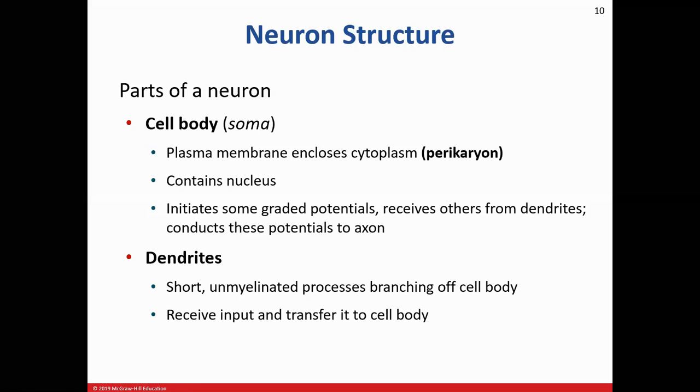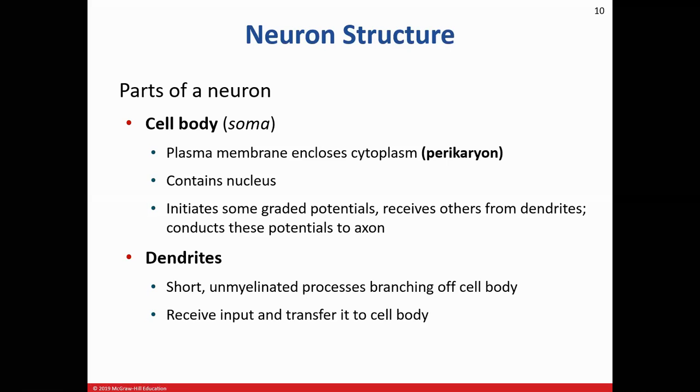A neuron does contain a nucleus, and it's the cell body really that initiates some of our graded potentials, which we'll talk about, but it is also going to receive other potentials from our dendrites. And it helps to conduct these potentials down to the axon.